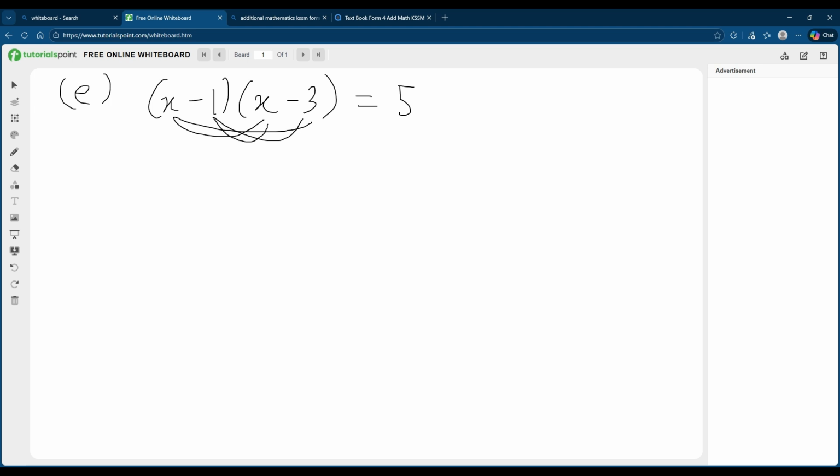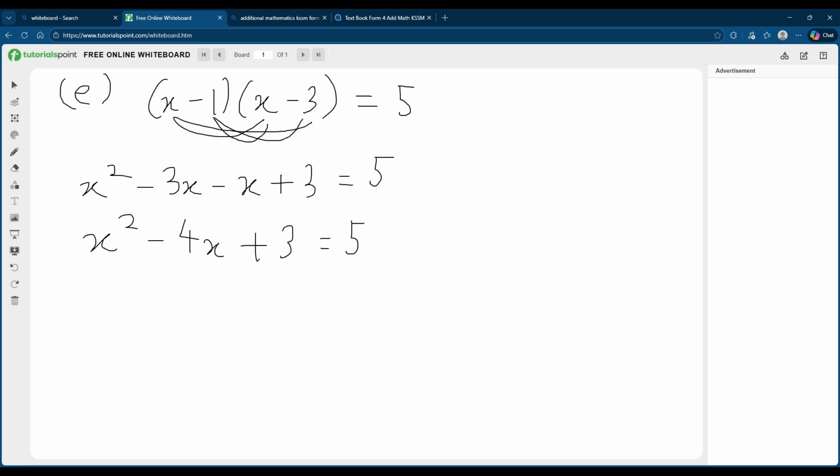So x multiplied by x is x squared. x multiplied by negative 3 is negative 3x, minus x, and plus 3 equals to 5. Next step we simplify: negative 3x minus x is negative 4x, plus 3 equals to 5.